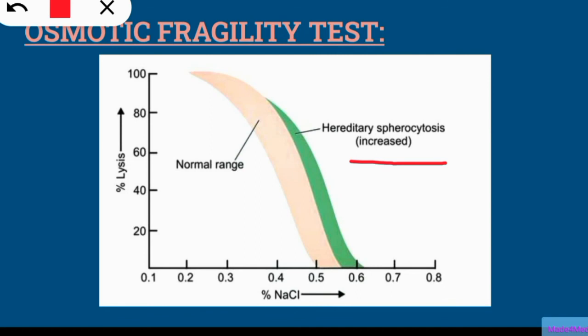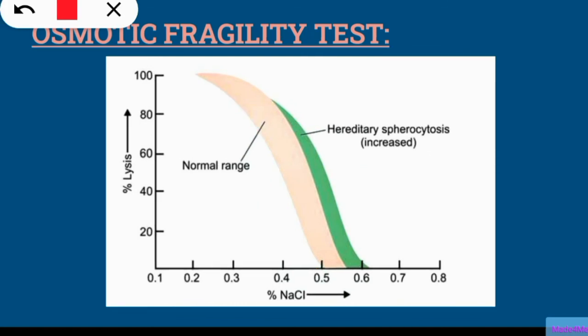But in case of sickle cell anemia and thalassemia, this curve is towards the left, around here. So in hereditary spherocytosis, the curve shifts towards the right, and in sickle cell and thalassemia to the left. So it means that in sickle cell and thalassemia the cells are more rigid, whereas the hereditary spherocytes are more fragile to osmotic pressure.